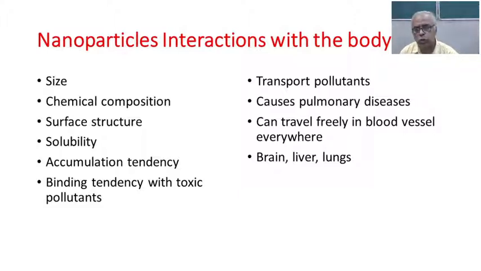So based on the absorbing nature of these nanoparticles, this may be very dangerous and interact with the body very easily. And these nanoparticles have the greatest tendency of accumulation also. They have the binding tendency with toxic pollutants, and that is why they can easily transport the pollutants to the body. They may cause pulmonary diseases.